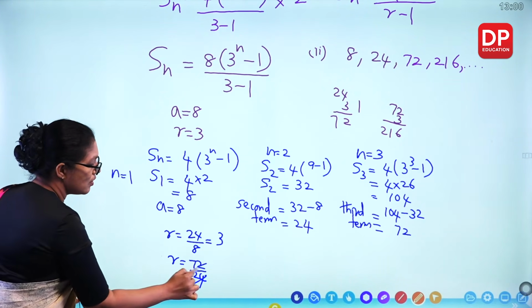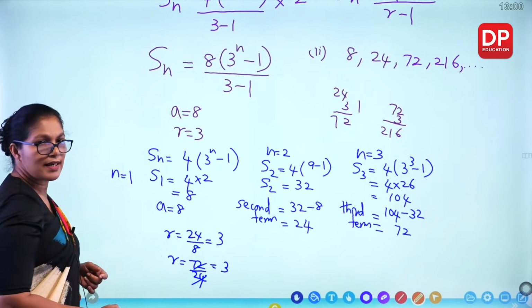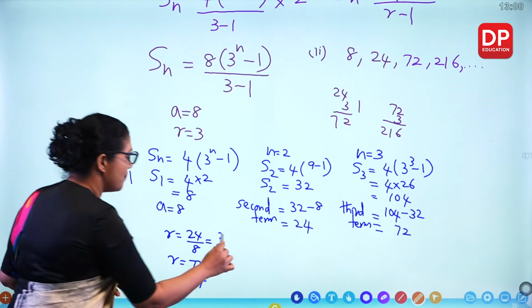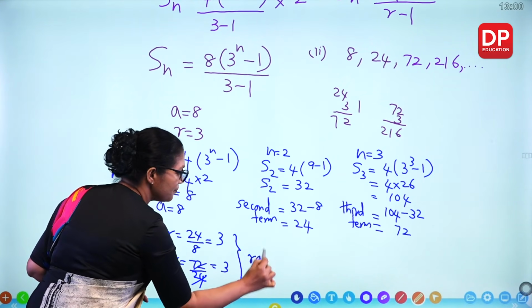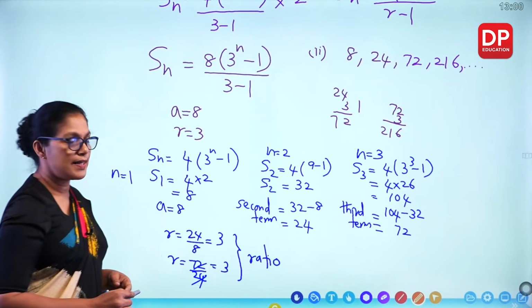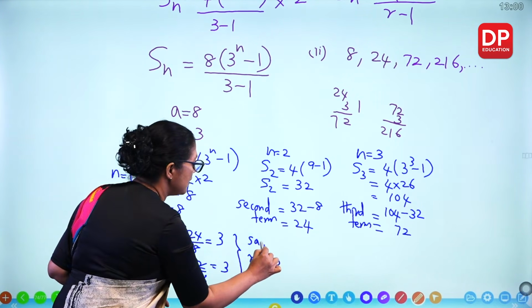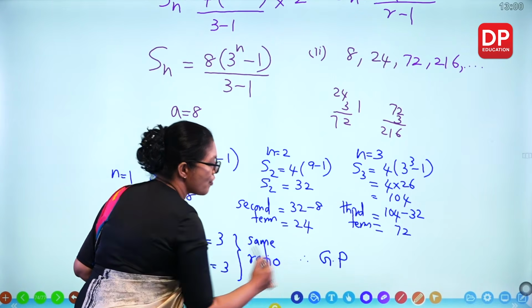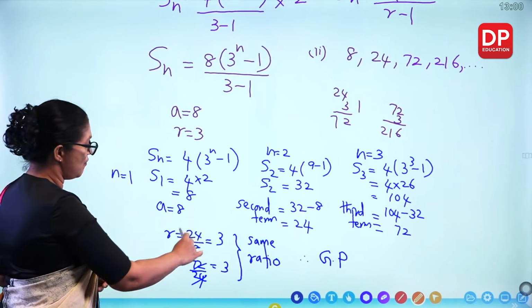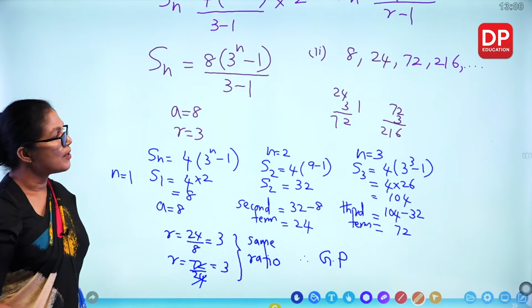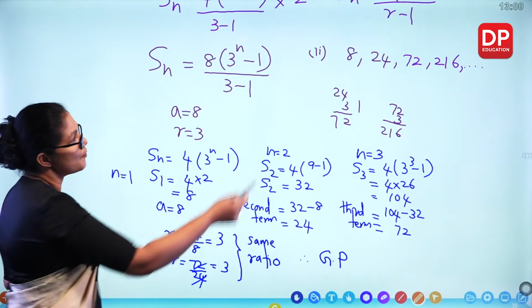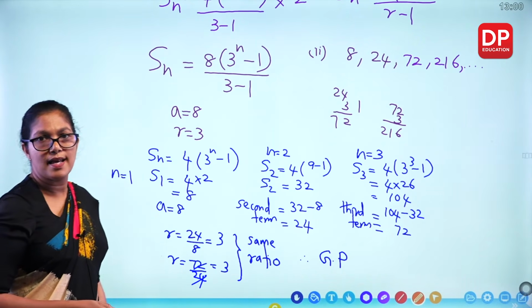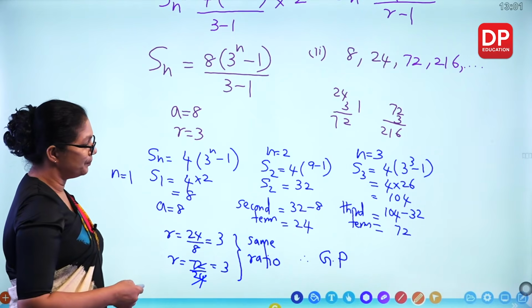That's also 3. Now you get the same ratio. So that means this is a geometric progression and we found 3 terms, and you can find the 4th term. So you get the same answer as before.